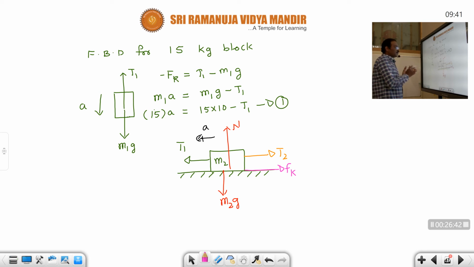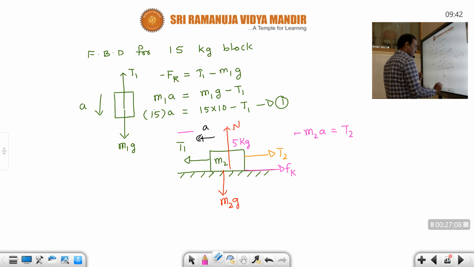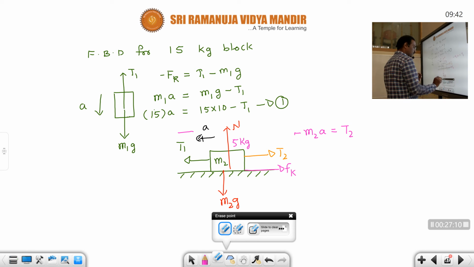Now for M2, the 5 kg block, what is the total way of solving? M2a, along the negative x-axis, is equal to T1 minus T2 minus the force of friction.